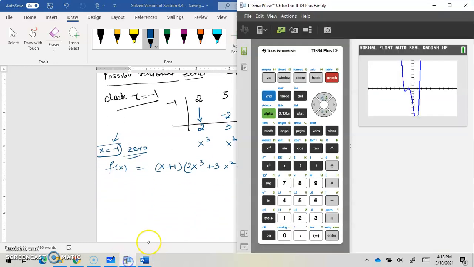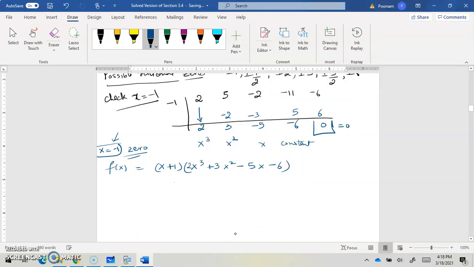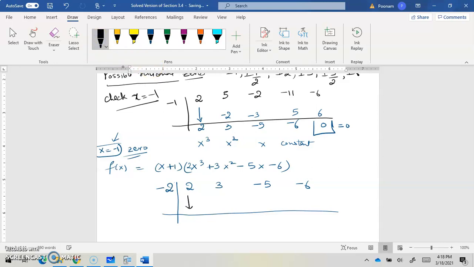Now, when we graph, we also kind of think that negative 2 is a root. So maybe negative 2 is a zero of the remaining quotient. So I'm going to write the quotient's coefficients now and check if negative 2 is a zero. Using synthetic division, 2 comes down, multiply negative 1, 2, negative 3, multiply 6.